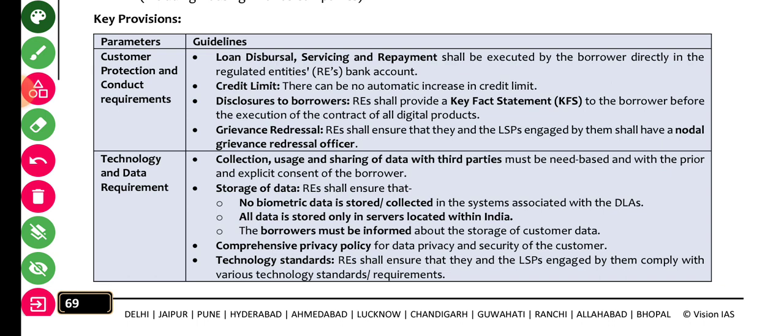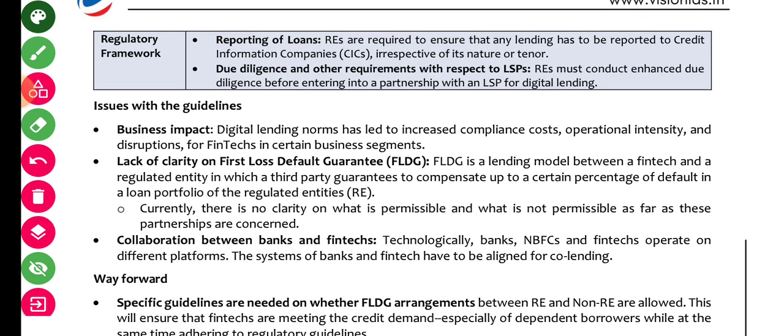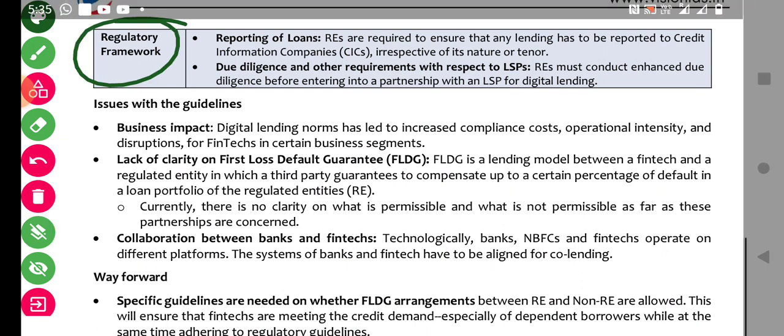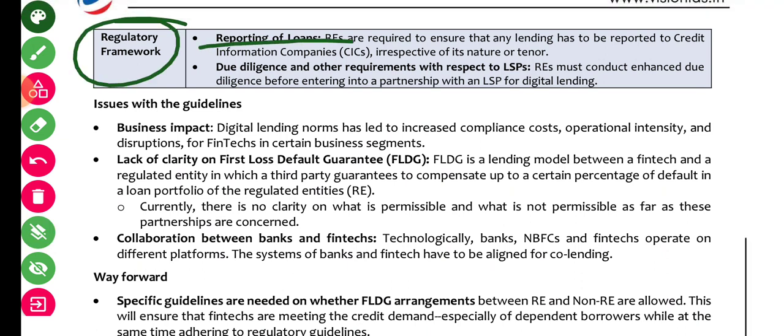Comprehensive privacy policy, technology standards. So these are some guidelines by the RBI. Next is the regulatory framework: reporting of loans, due diligence and other requirements with respect to LSP. Okay, so keep this in mind.